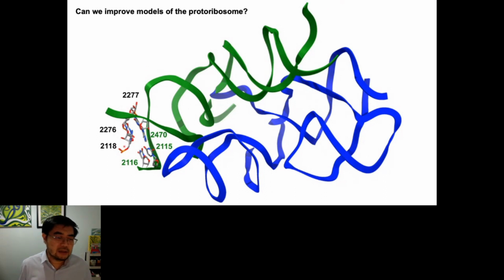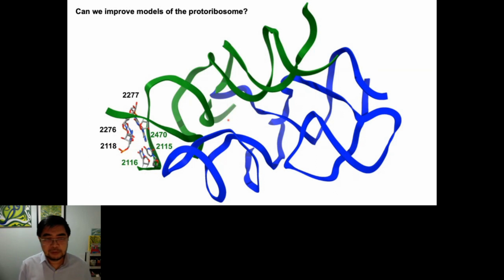And here you can see the UAU stack in the left-hand corner. But what you can see is that only 3 of them are actually in the model, which are the ones where the residue numbers are labeled in green, but the other 3 are not in the proto-ribosome model.